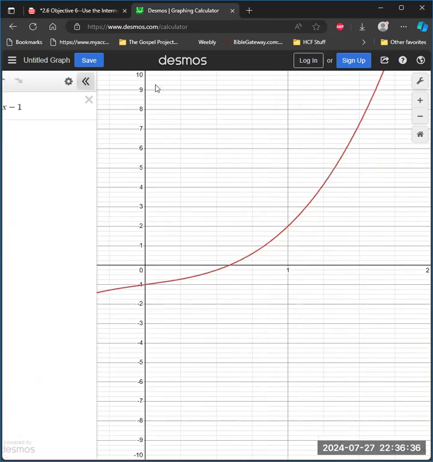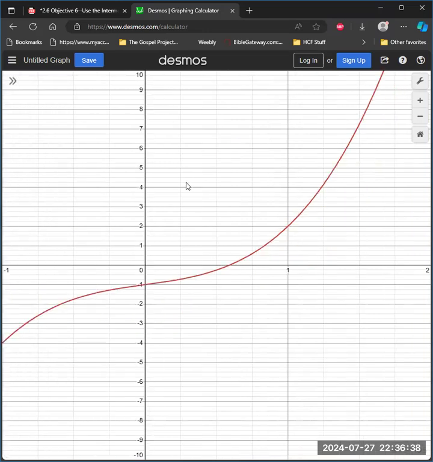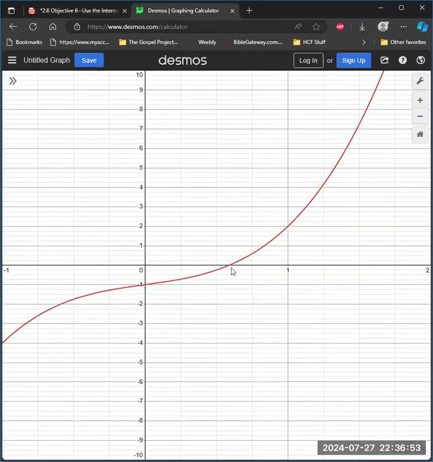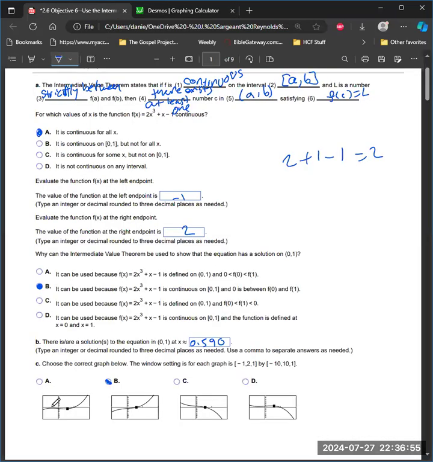There we go, and that matches B. It's not dipping back down like A, slowly increasing the whole time.